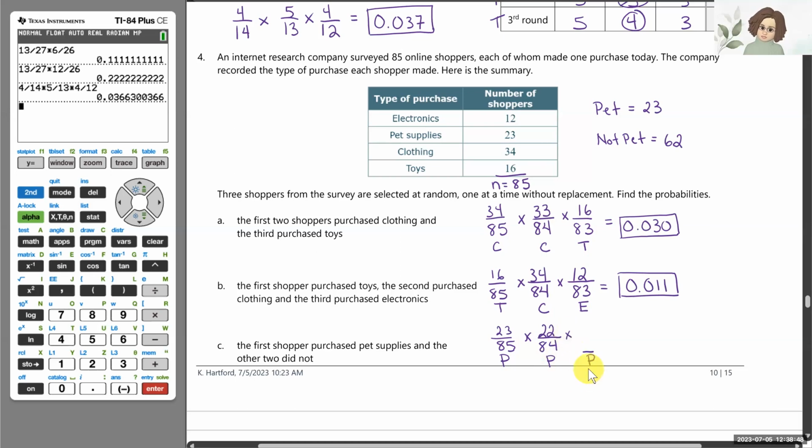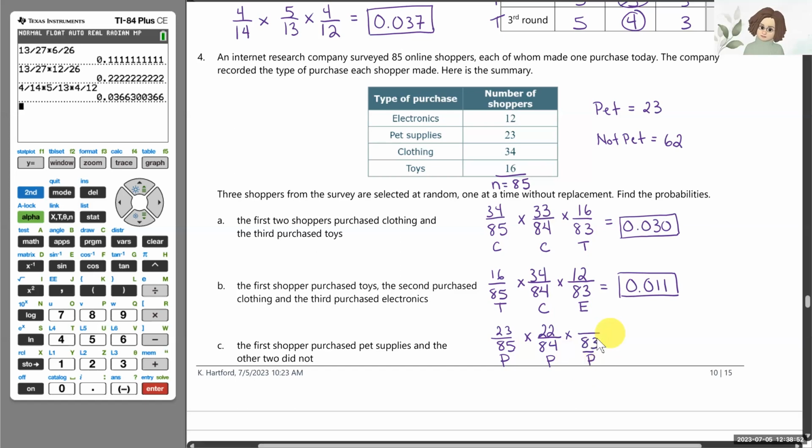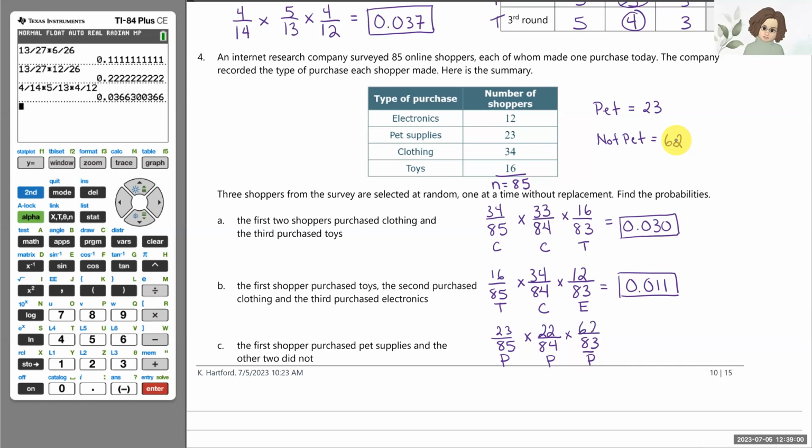And then for my third pick, I'd be down to 83 people. And the chance they didn't buy pet supplies, I would still have 62 people there that didn't buy pet supplies. And then again, you can check it. It should be 0.147.